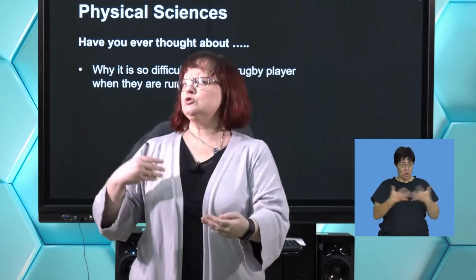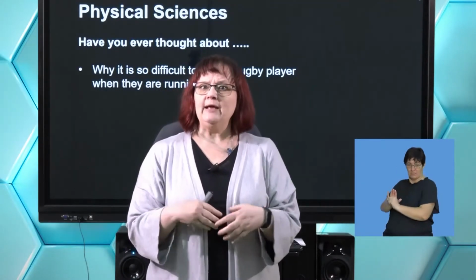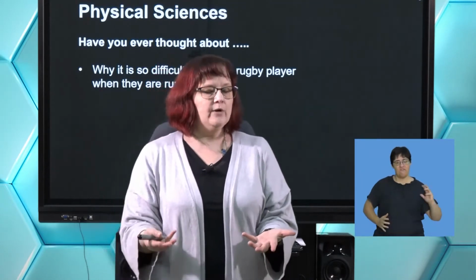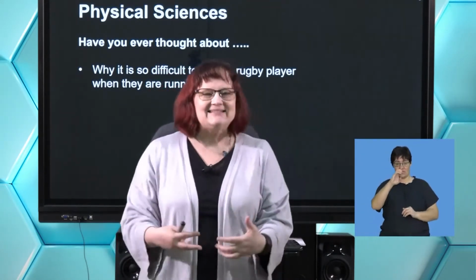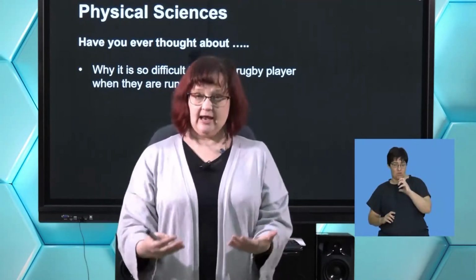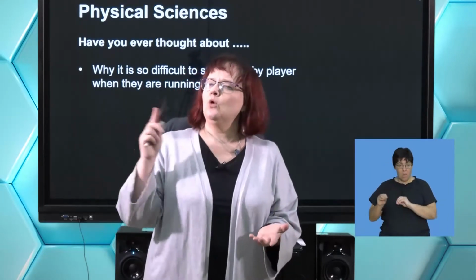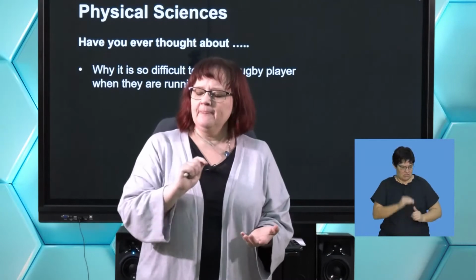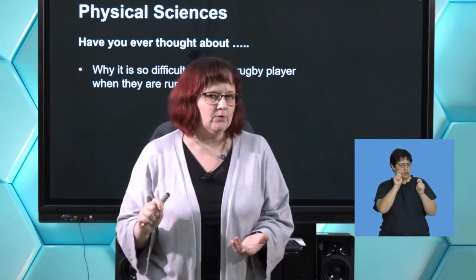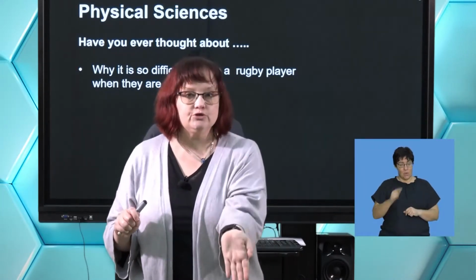But to stop a rugby player from moving, we need to apply a force to them, which means we need a net force, a resultant force on them that's going to change the way they're moving. So what does that mean for us? It means if we're going to change the rugby player's momentum, we need to apply a force to it.